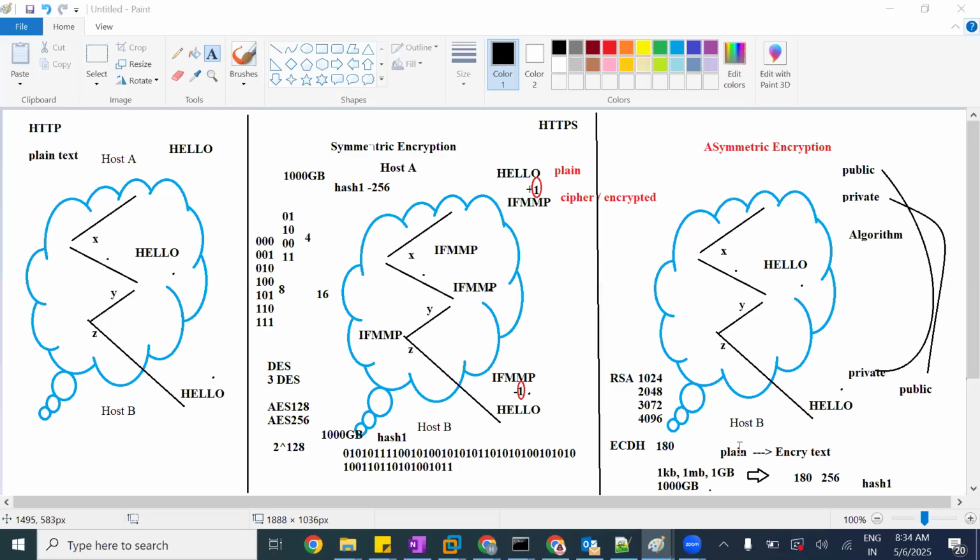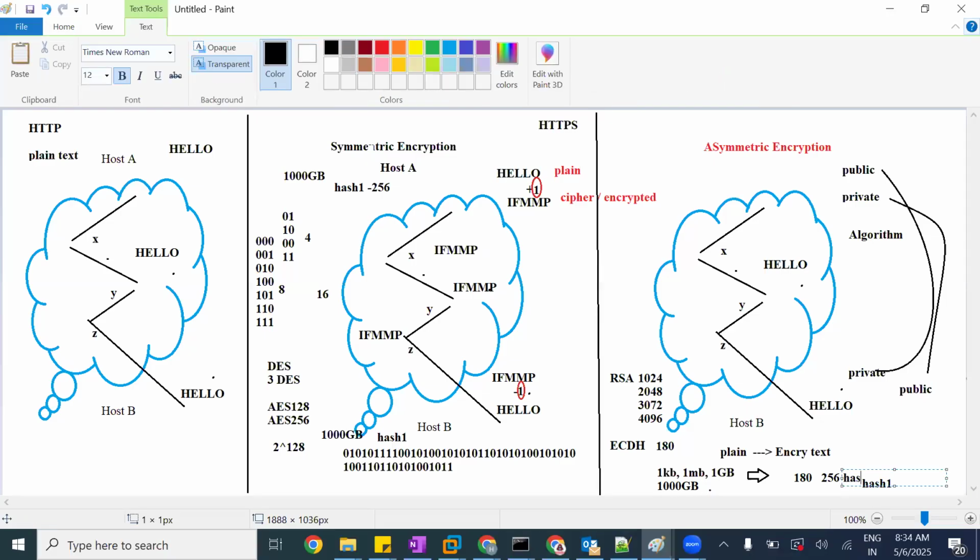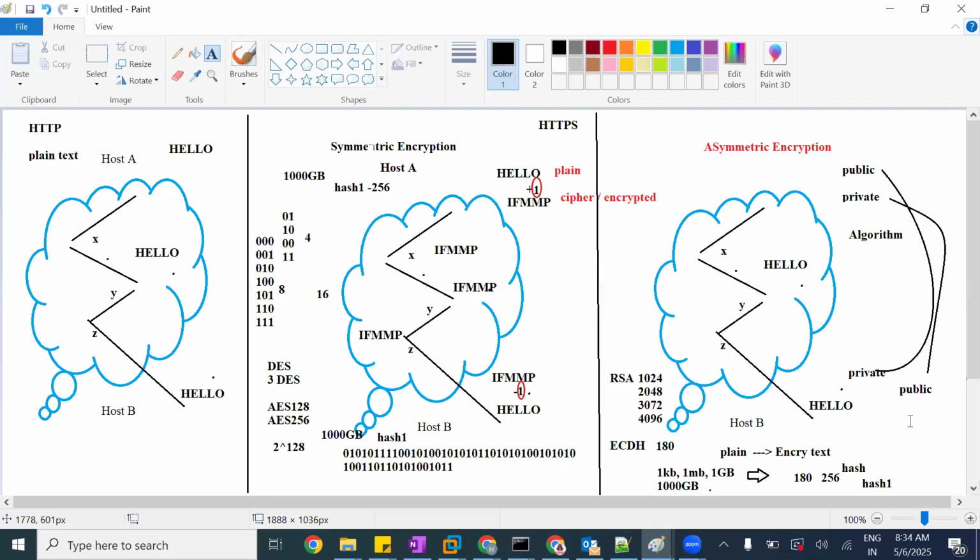Can we get 1000 GB of data from the 256 hash? Is it possible to get that input from the hash value? Anyone? You prepared biryani using chicken and some spices. The question is, is it possible to get the live fresh chicken from the chicken curry?